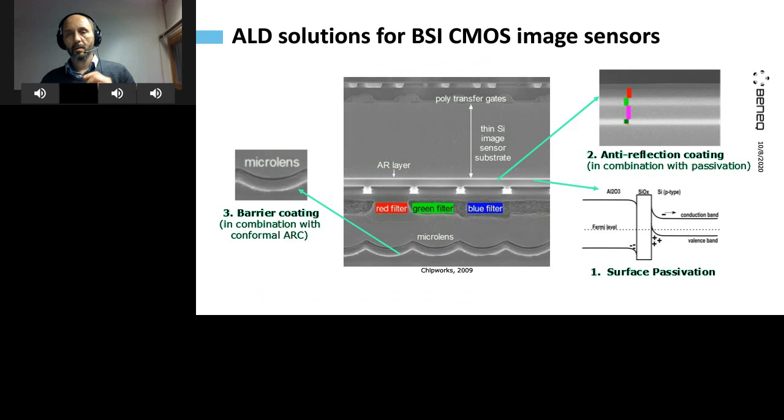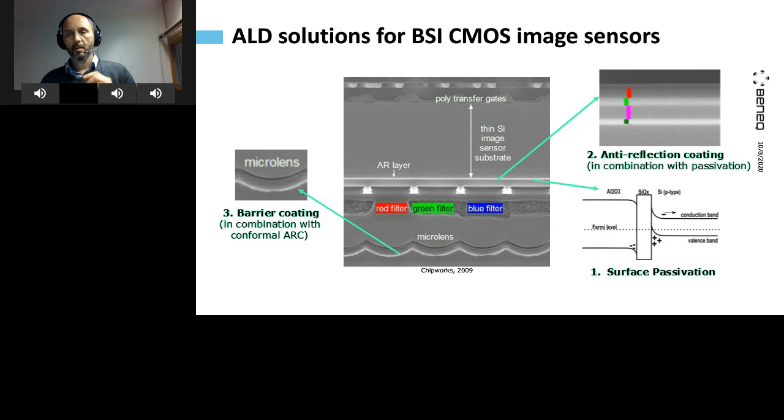So where does it come to play in the backside illuminated CMOS image sensor? We go now onto the very surface of the silicon on the backside. There are three applications, three layers that I'll talk about in more detail. First one being the passivation of that sensitive surface to improve efficiency. The second is an anti-reflective coating.